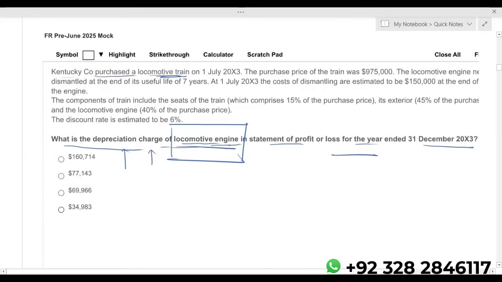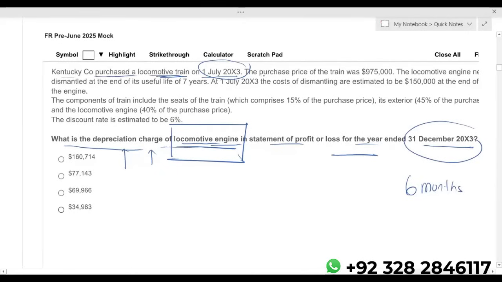Depreciation they're asking for the engine. Be careful. The locomotive train was purchased on 1st July X3. From 1st July X3 till December X3, the time period is 6 months.